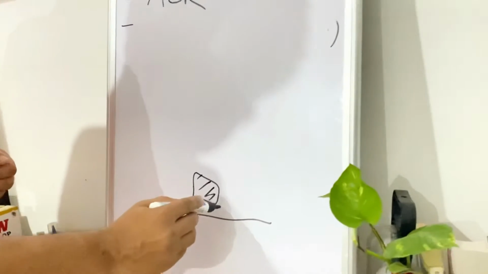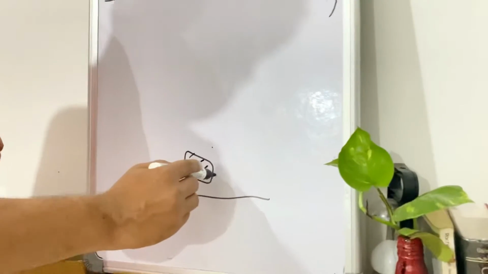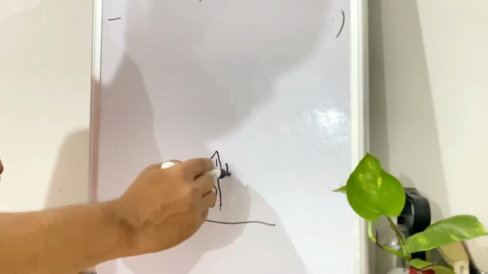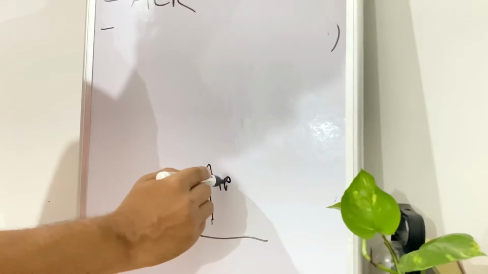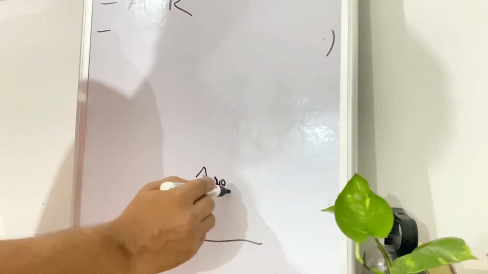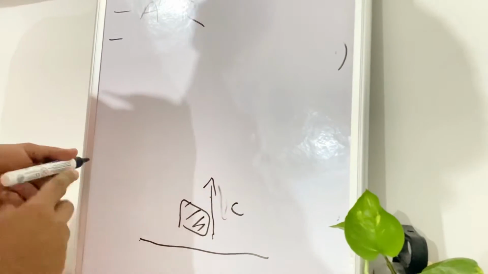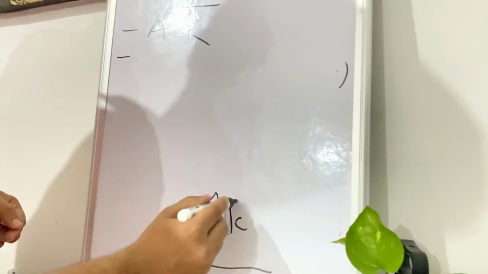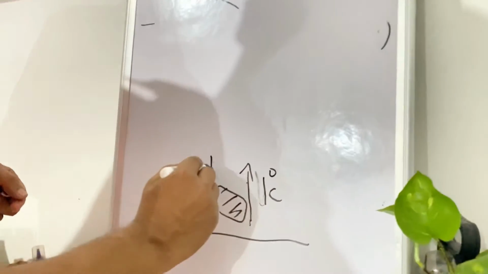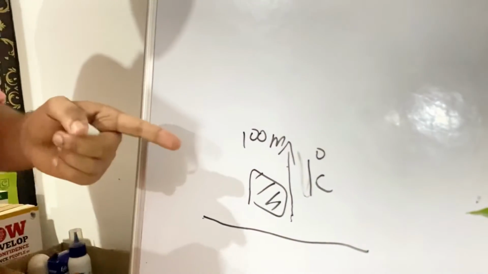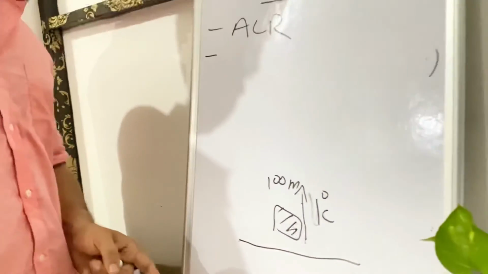When this air parcel goes up, its temperature decreases by 1 degree Celsius for every 100 meters. Then that is the adiabatic lapse rate.